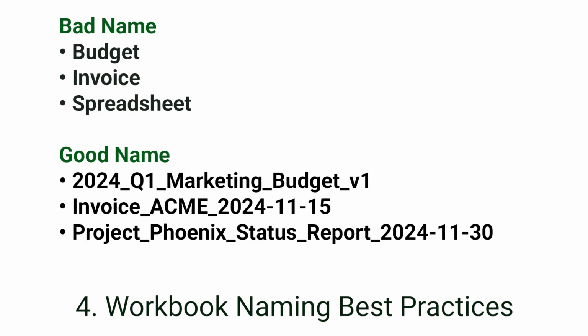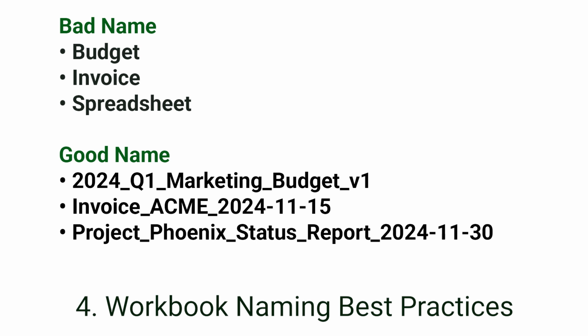Workbook naming best practices. Before we wrap up, let's talk about how to name your workbooks for maximum clarity. Avoid ambiguity. Names like Data, Report, or Final will confuse you later. Include key details. Use a clear title, a date, and a version number. Bad name: budget, invoice, spreadsheet.